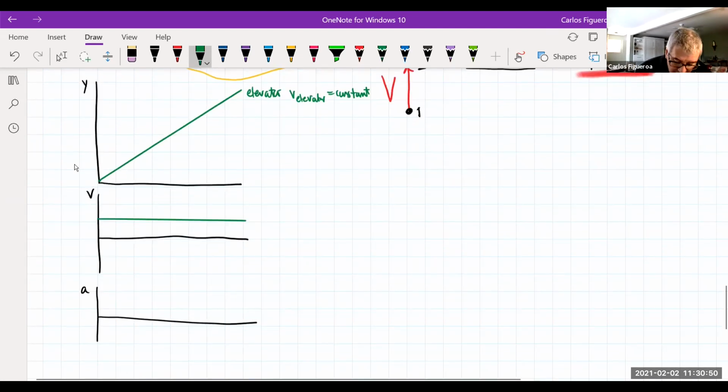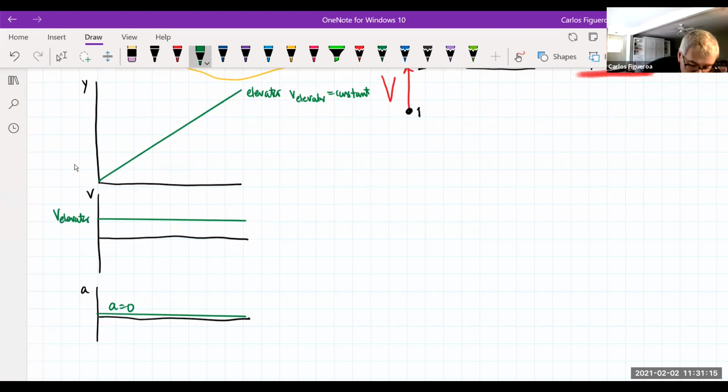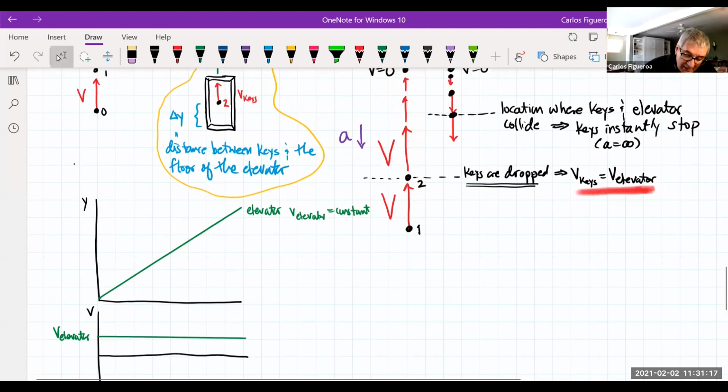And if I look at the acceleration, if I try to draw a nice, smooth line for the acceleration, then this guy should have 0 acceleration for the elevator. This guy should be V elevator, which is a constant, and that's what that slope means.